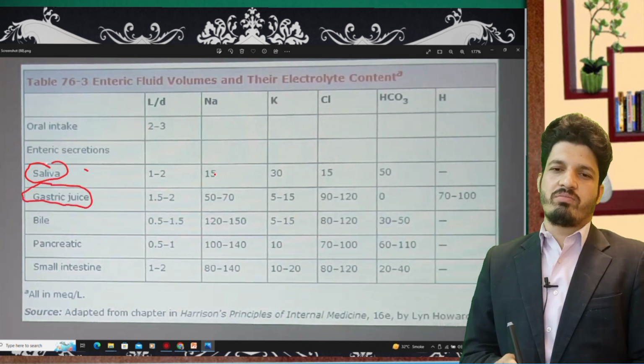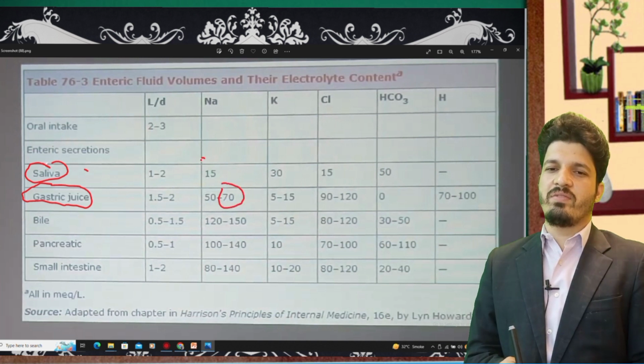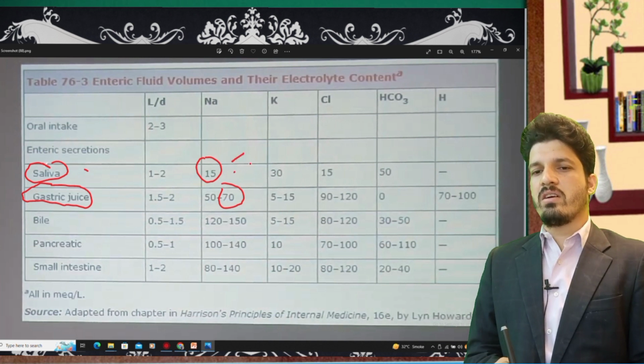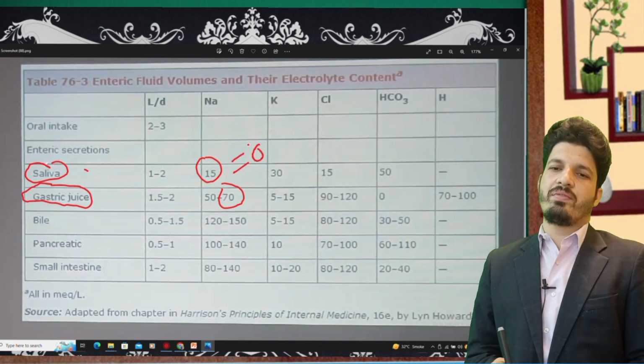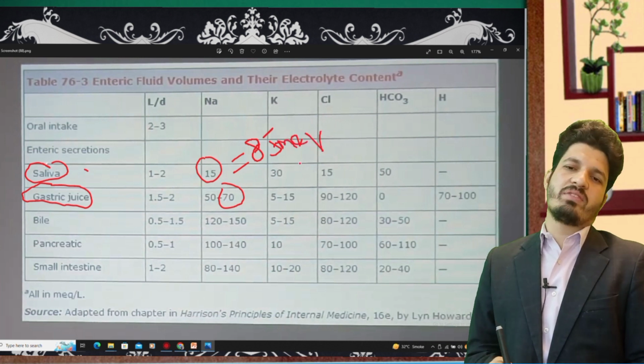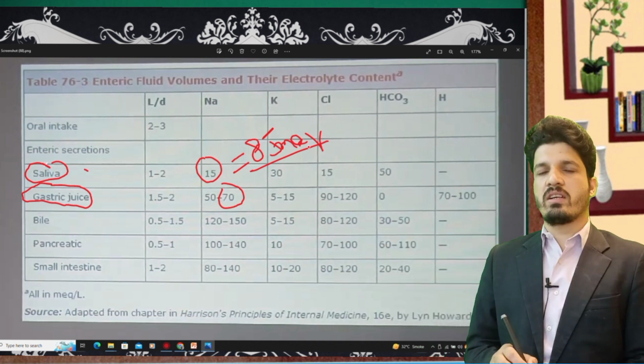If we calculate 70 plus 15, the patient will lose 85 milliequivalents of sodium if he has lost 1 liter in the NG.